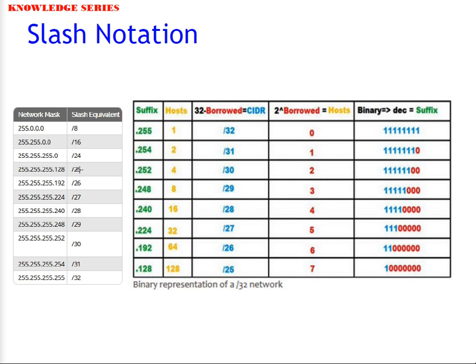Slash is how much? It is 25. So 25 is a CIDR. So this is the CIDR 25 it is showing, and that represents the type of address that you are going to use for the representation of the host ID as well as the network ID. So this is a very important section you have to understand.